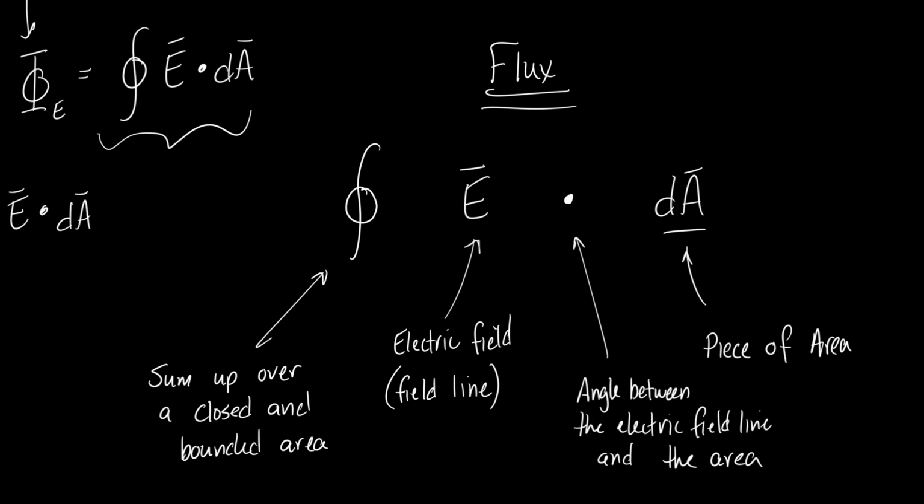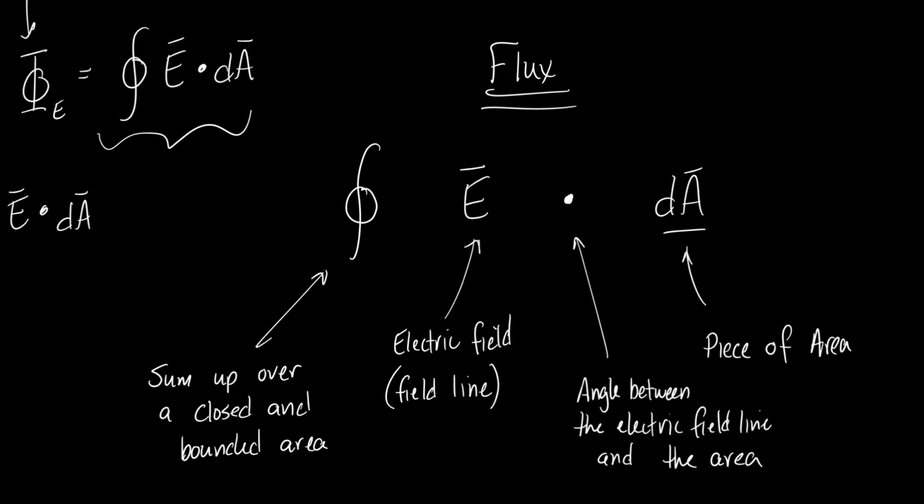So it's a summation symbol, and one of the important differences in this summation symbol is that little circle in the middle. That little circle isn't a big deal. It's being communicated to you that you are summing up over something that is closed and bounded. Meaning, I would not be able to use Gauss's law with this surface, because this surface doesn't enclose a volume.